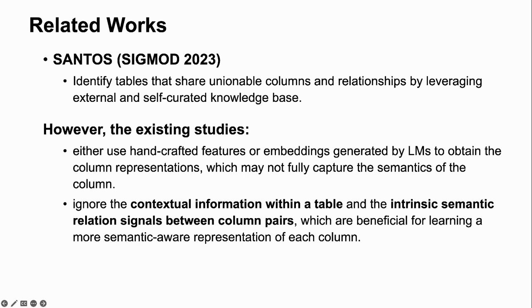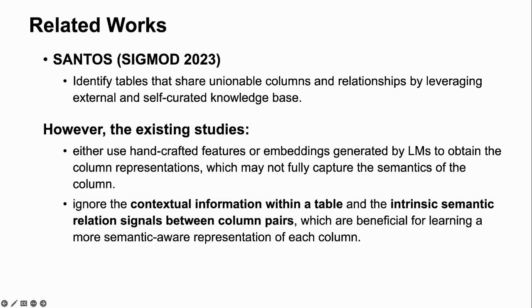However, all these methods have some limitations, such as the dependencies on handcrafted features or embeddings generated by language models. The representations here may not fully capture the column semantics.